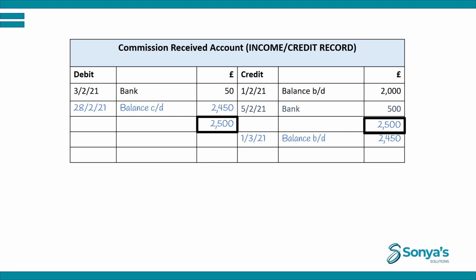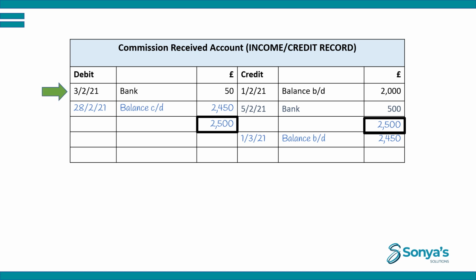If a business earns income from commission, it will record it in a commission received account, an income account with a credit opening balance. This account tells us that £2,000 commission has been received prior to the 1st of February. Then, on the 5th of February, a further £500 was received.